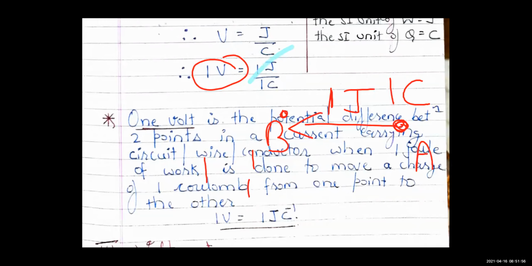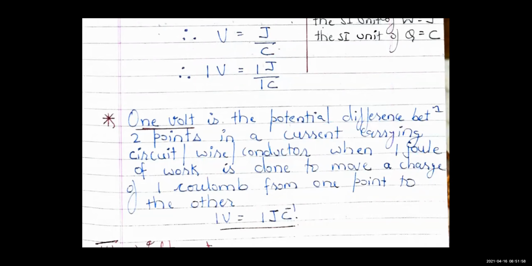So children, your definition is: 1 volt is the potential difference between 2 points when 1 joule of work is done in bringing 1 coulomb charge from one point to another.